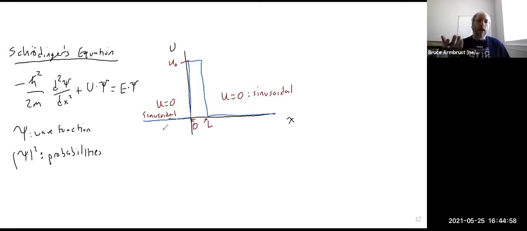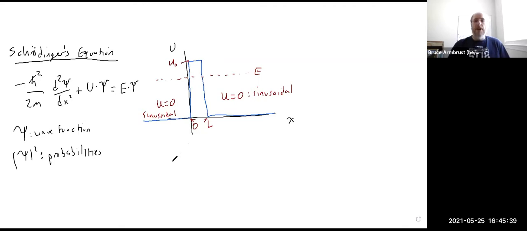We're again going to get that U naught minus E, and depending upon its sign, plus or minus, we're going to get the two different forms. If E is bigger than U naught, if our particle has more energy than this potential energy blocker, what we're going to see in this region is, again, sinusoidal. It's going to behave as if that was never there in the first place. What gets interesting is when E is less than U naught. Let's say that this is our E level, so we're below U naught.